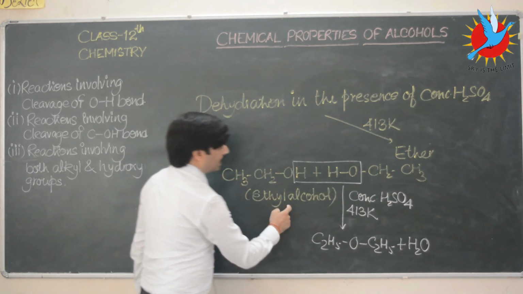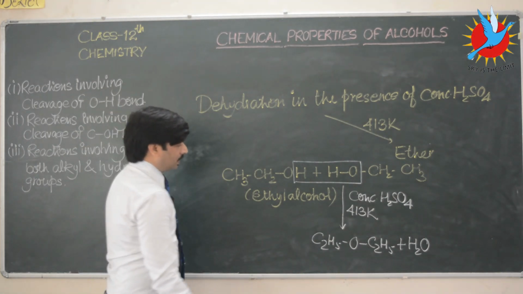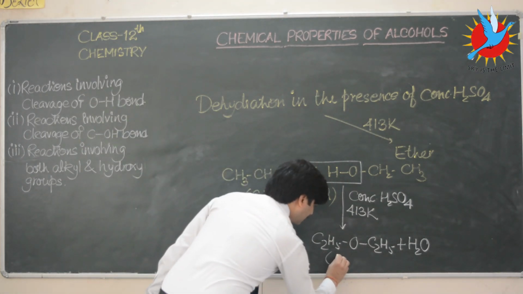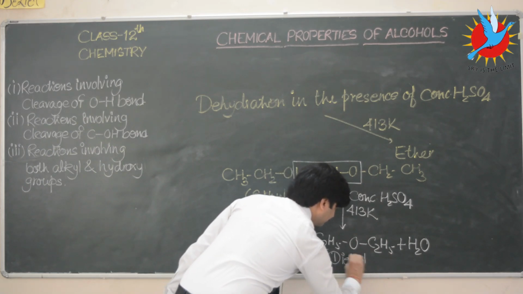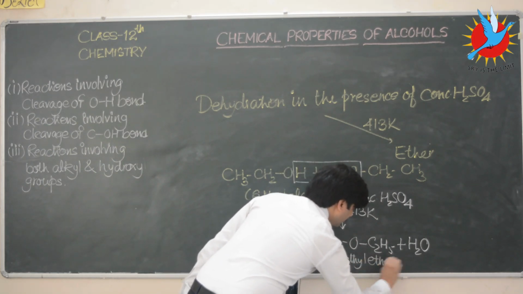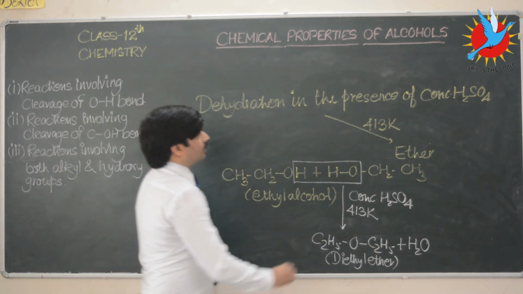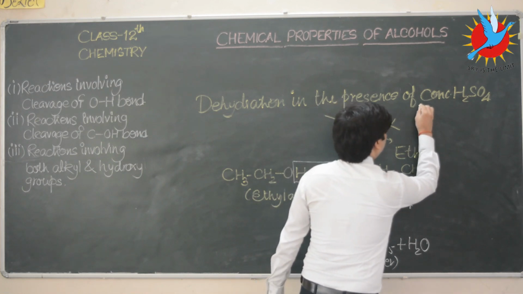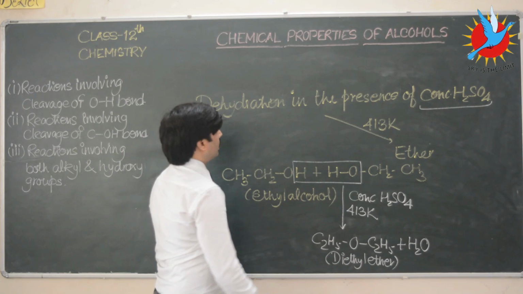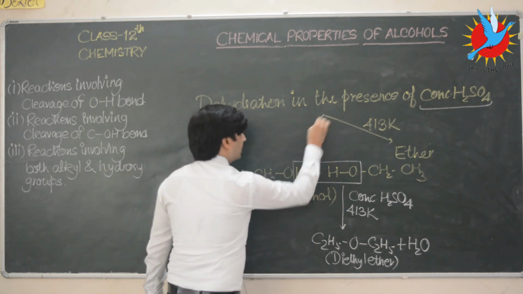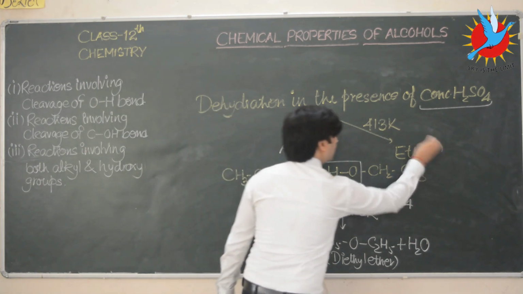So in other words we can say dehydration of alcohol takes place in this reaction, and the product is a type of ether, and the name of this ether is diethyl ether. Upon dehydration in the presence of concentrated H2SO4, alcohol forms either alkene or ether.